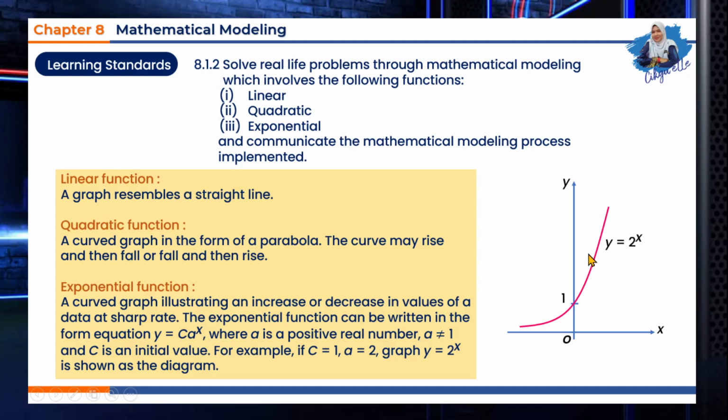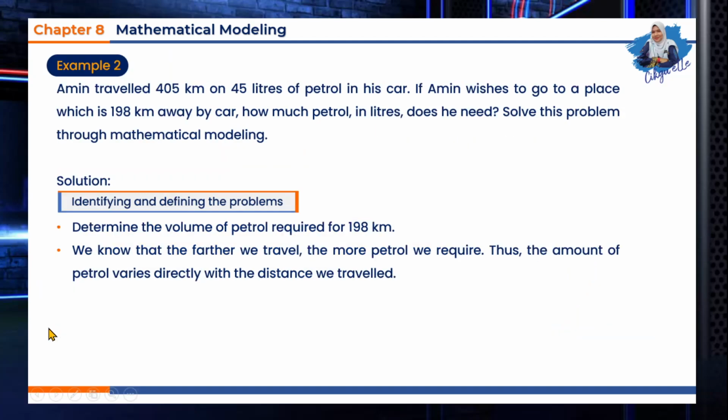All right, so now look at example 2. Amin traveled 405 kilometers on 45 liters of petrol in his car. If Amin wishes to go to a place which is 198 kilometers away by car, how much petrol in liters does he need?